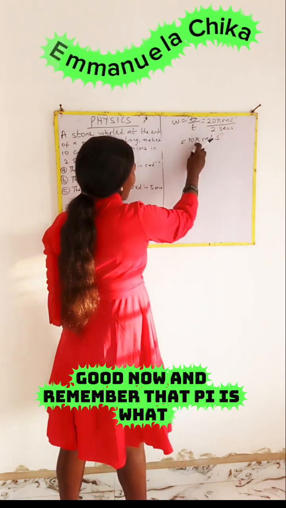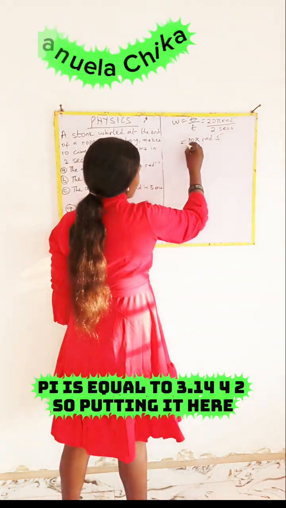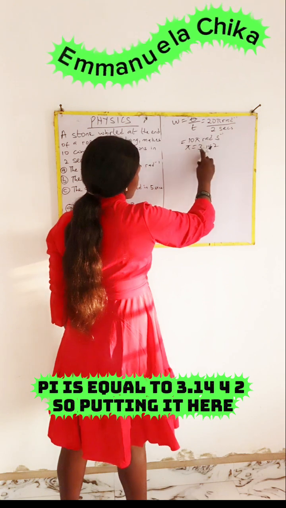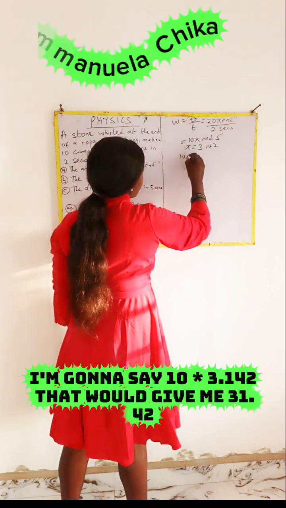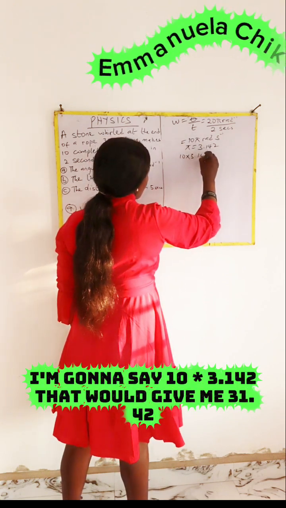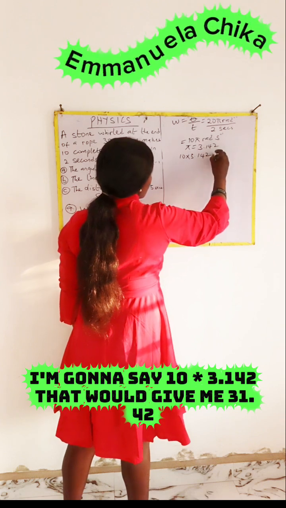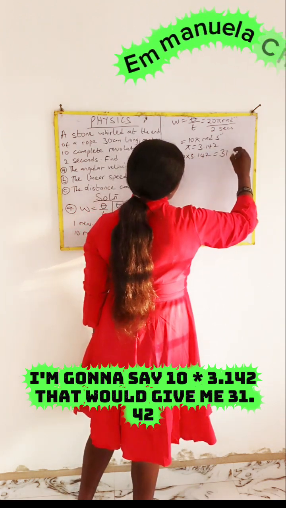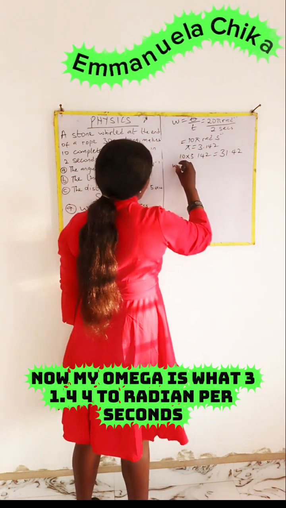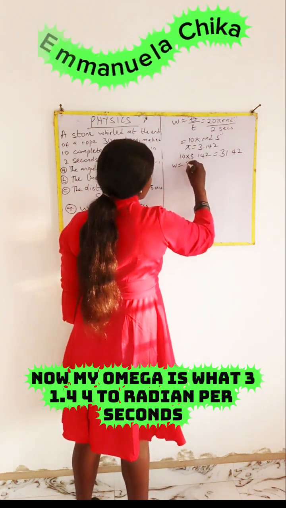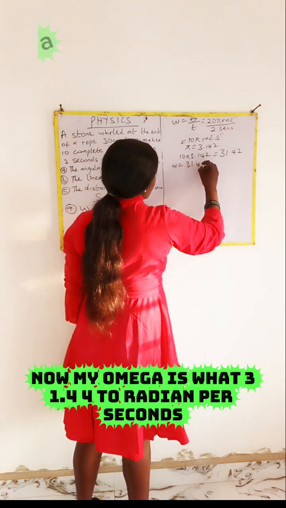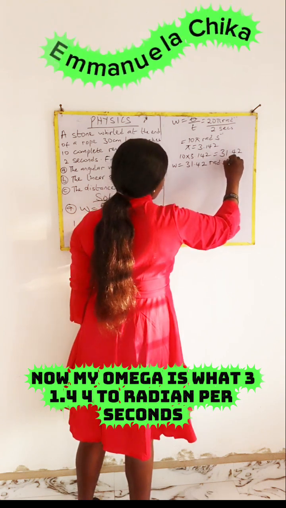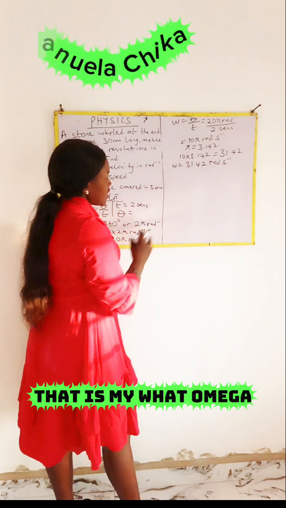And remember that π is equal to 3.142. So putting it here, I will have 10 times 3.142, which gives me 31.42. Now, my omega is 31.42 radians per second.